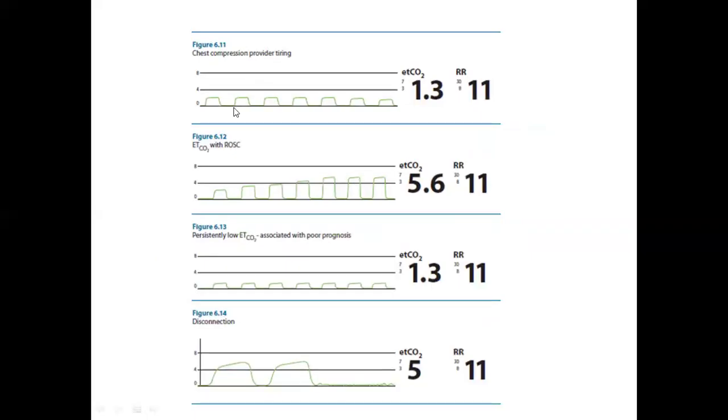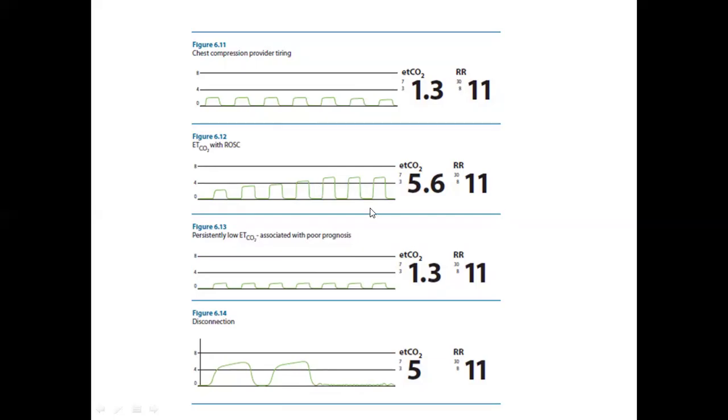So the top one here, the capnograph tracing is gradually getting lower heights. That means maybe a tiring resuscitator, right? In the second one, during the CPR, the capnograph tracing gives progressively higher values of carbon dioxide.